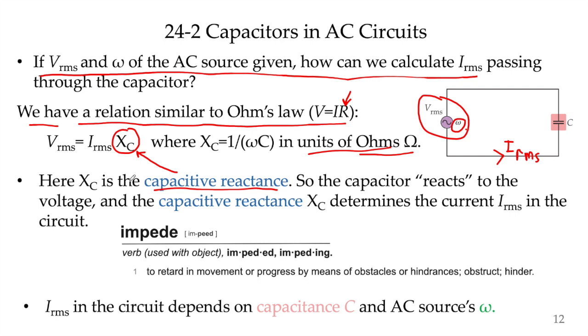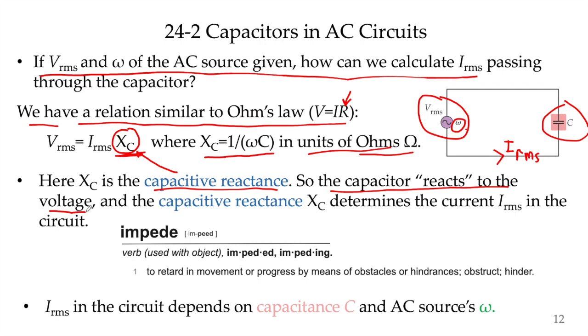So what is the formula for the capacitive reactance? It's 1 over omega, the angular frequency, which is 2 pi f, where f is frequency, times the capacitance of the capacitor. The capacitor reacts to the voltage, just like resistance reacts to the voltage.